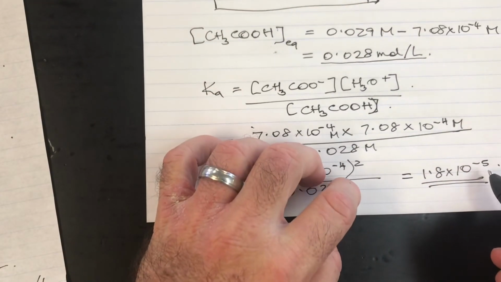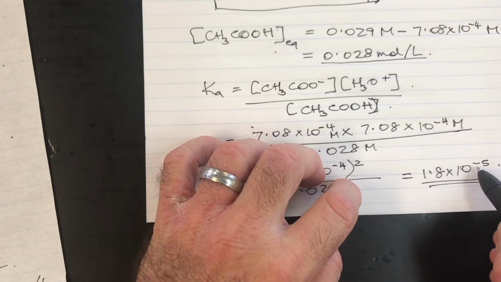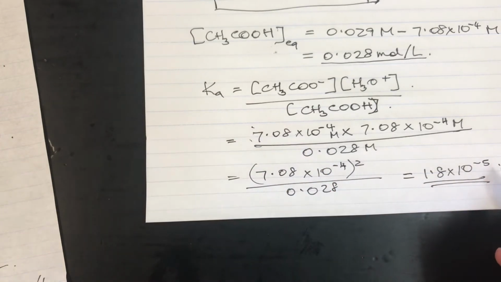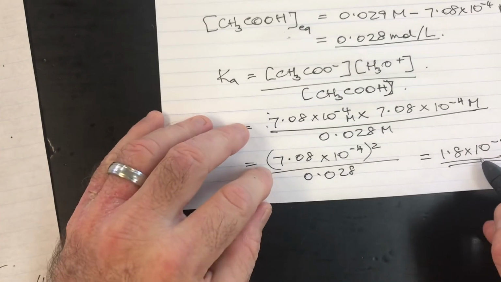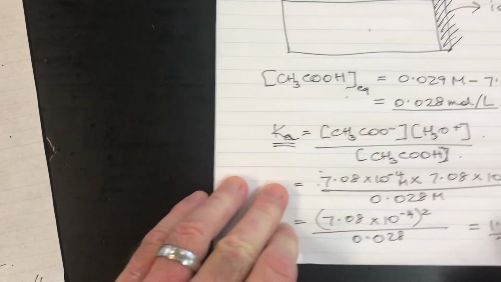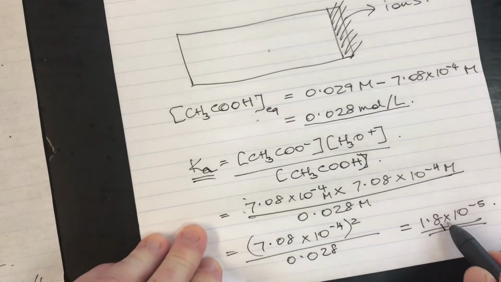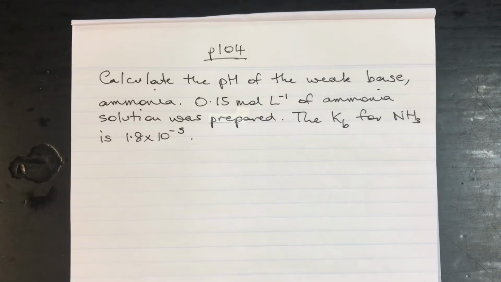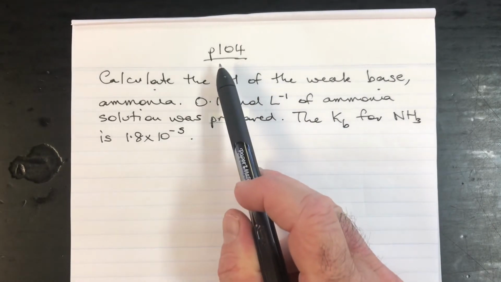Is that a big number or a small number? Well, it's a negative power, so it's small, it's less than 1. Negative 5, that's getting up pretty high. That shows you that it's a weak acid. A small Ka value is a weak acid.